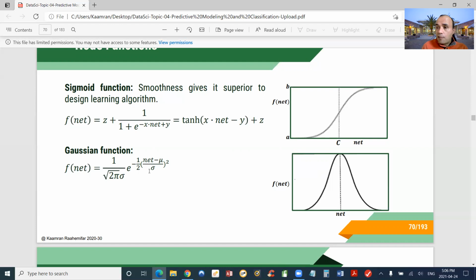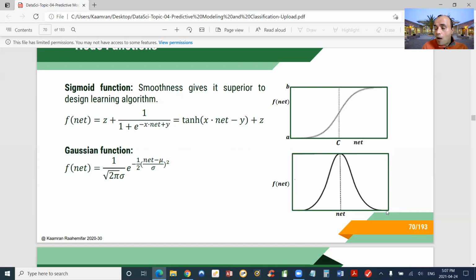This next function is famous. You have seen that in our previous recordings in the past. It's called the Gaussian function. You do have a standard deviation and a mean value. So mu is the mean value, and net minus the mean, together with this function, is called the Gaussian function. What does that mean? It means that when the net is very small, f(net) is 0.